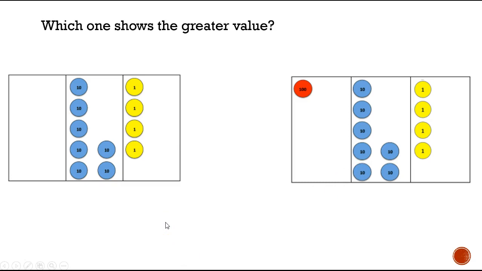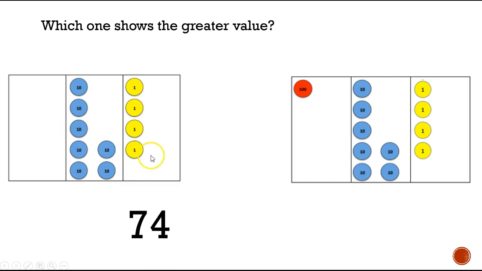Now what we can do is we first need to look at the hundreds place. The hundreds place is going to tell us if it's greater. So this chart here does not have any hundreds in it, but this one does. So because this one has one hundred and this one doesn't have any, which one is going to be greater? Right, this one is.